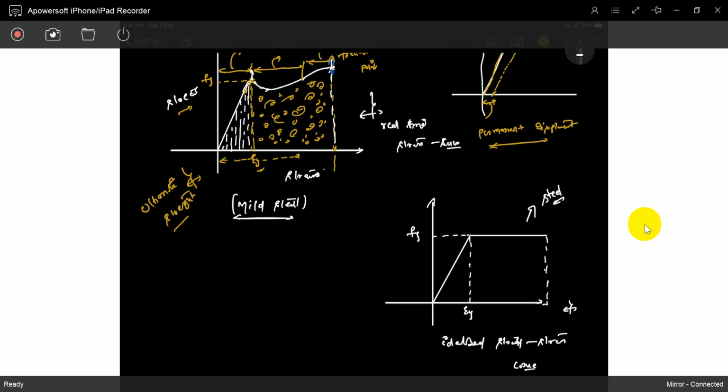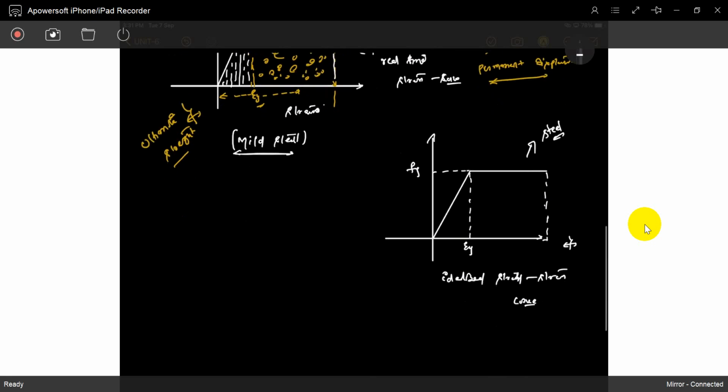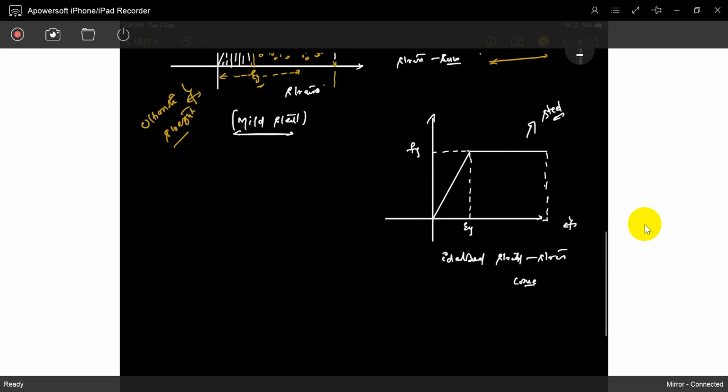Now what will happen really? Take one section. If you apply a load, the section encounters a moment. The moment will come on that section, so it gets a deflection.